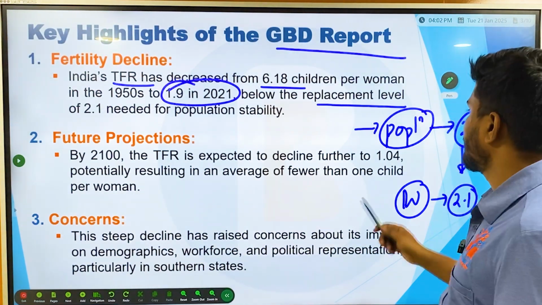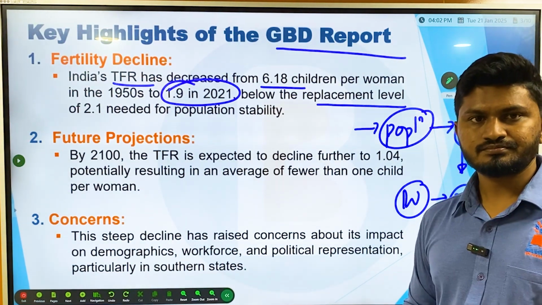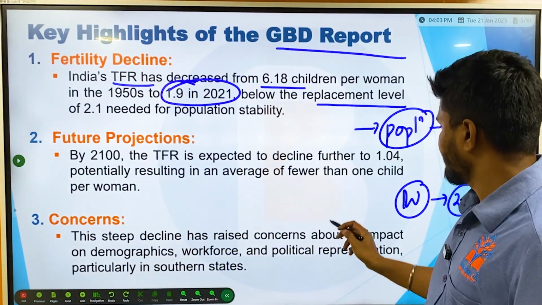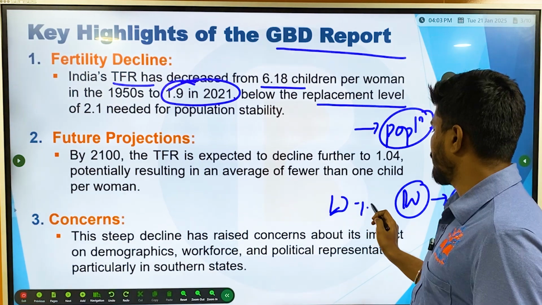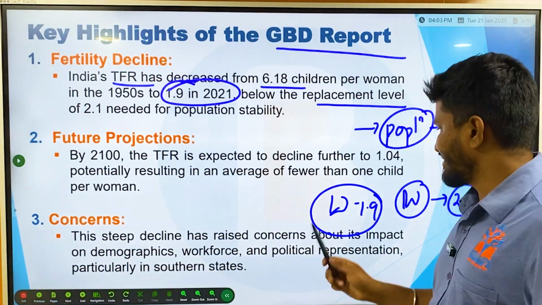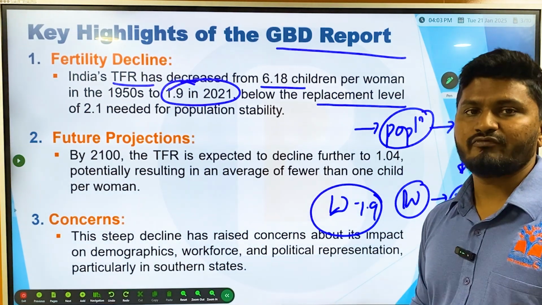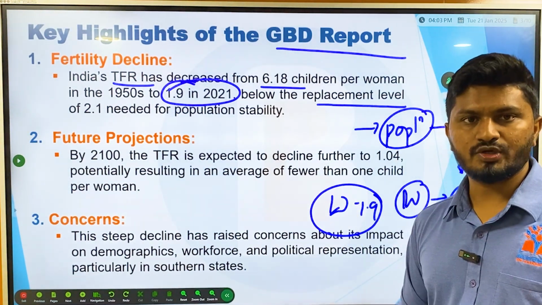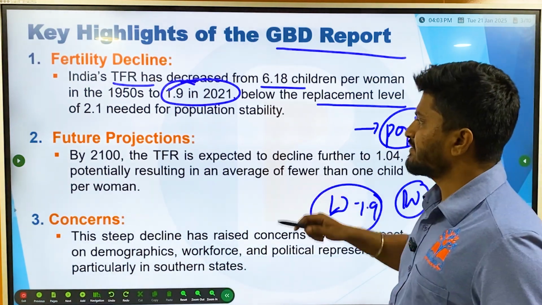Only then would they be able to replace the population. Now it has gone below, to 1.9, meaning that with this fertility rate we will not be able to replace the population which we are losing. So that is fertility rate.